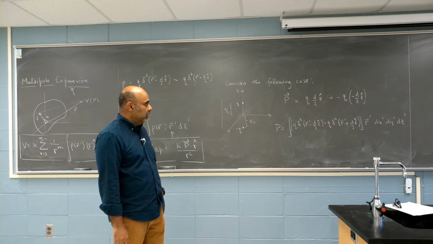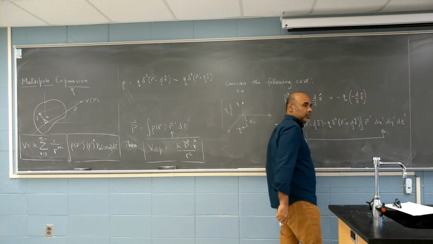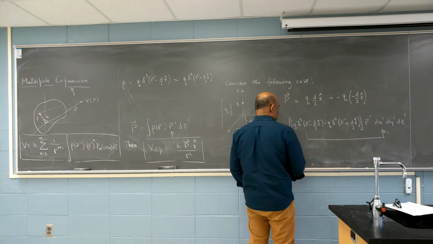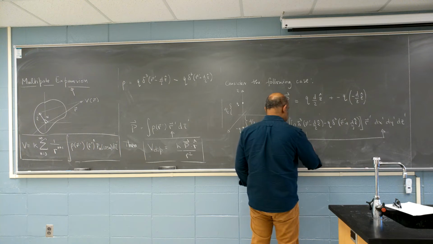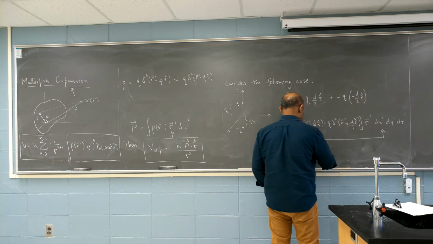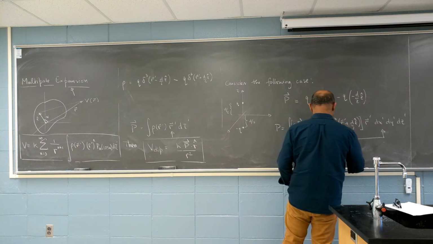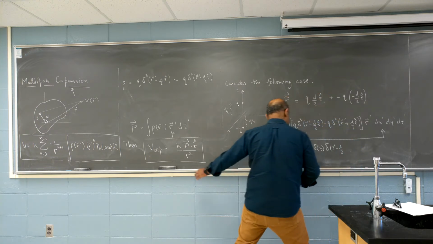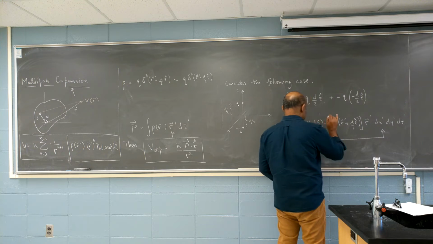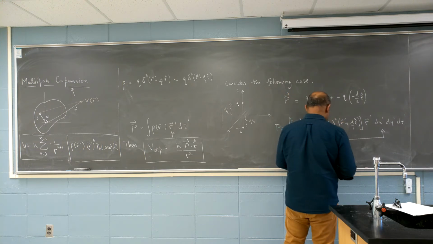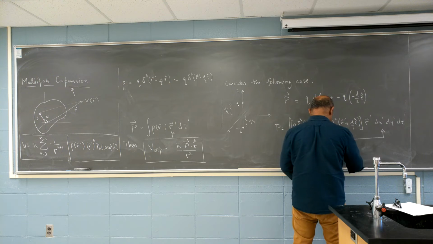All right? And I'll just do this integral. When I do the integral, I would get Q, with delta of x at 0, delta of y at 0, delta of z prime minus d over 2, times r prime vector.